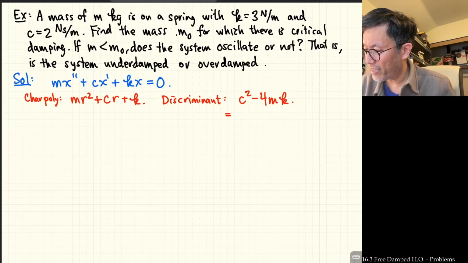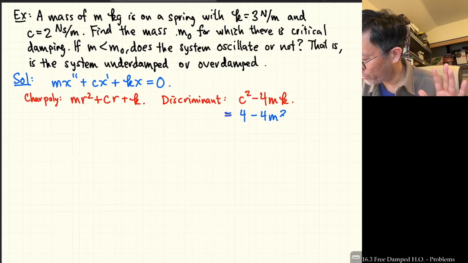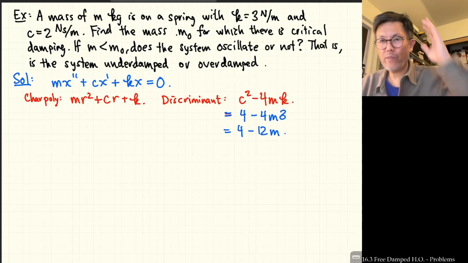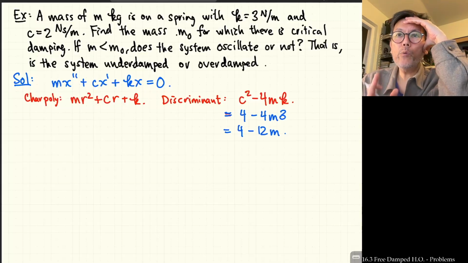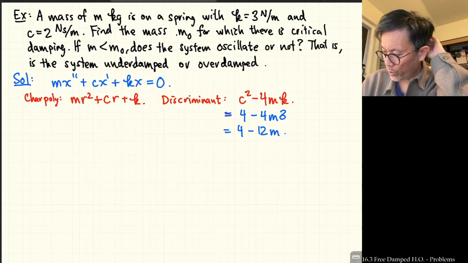c in this case is 2, so we get 4 minus 4 times m, which we are hunting for, times k, which is 3. So we get 4 minus 12m. Now, what do we want out of the discriminant if we're going to achieve critical damping?